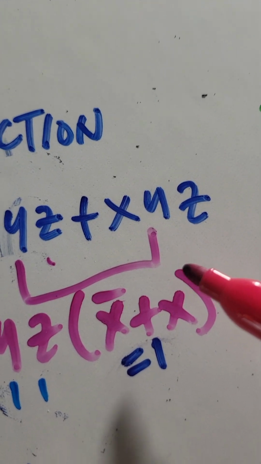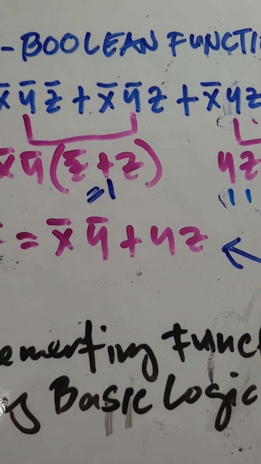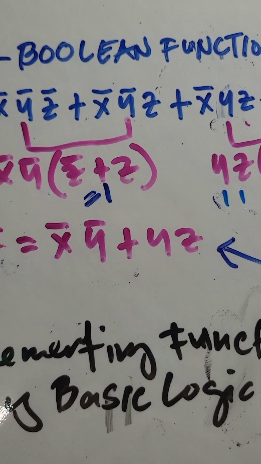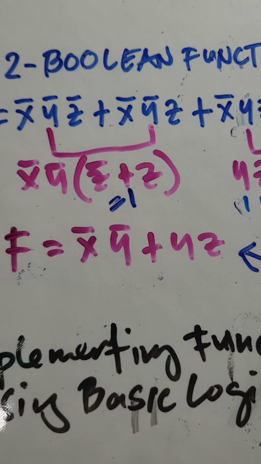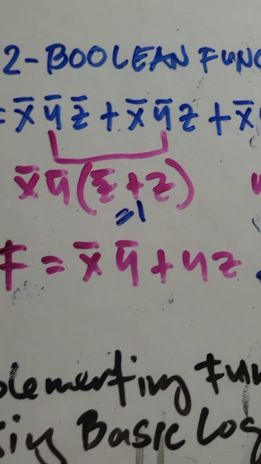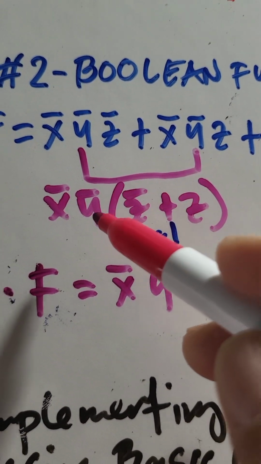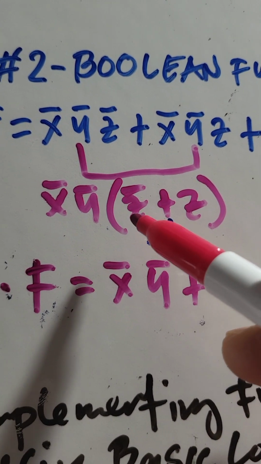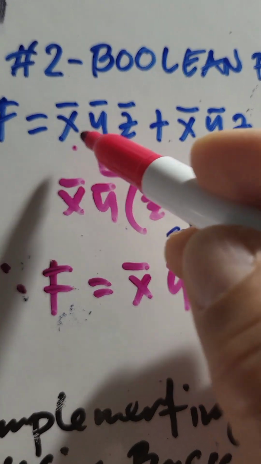Now simplifying that Boolean function using ordinary algebra, finding the same variables, we pair these terms.